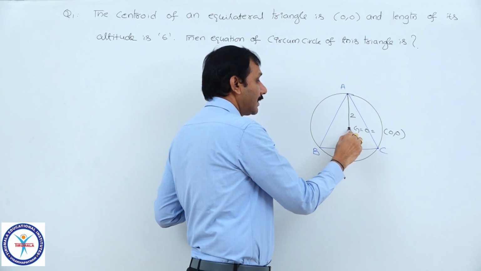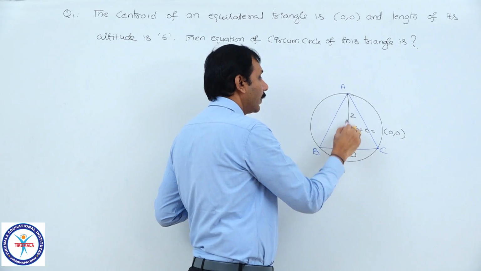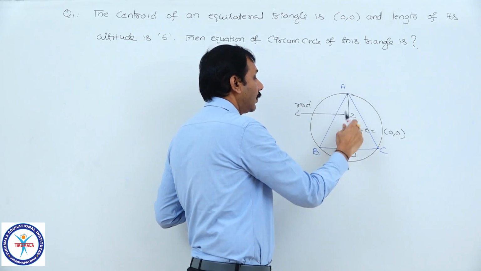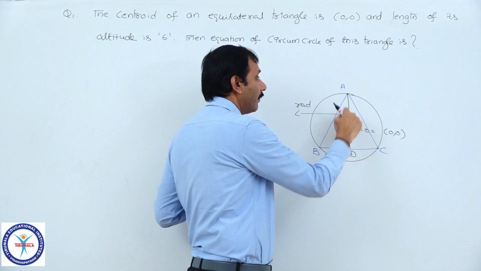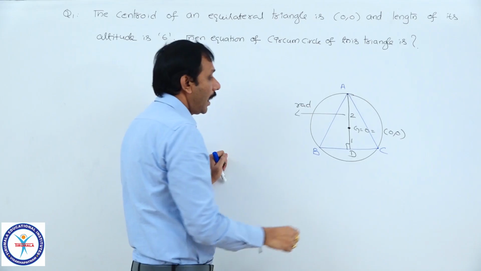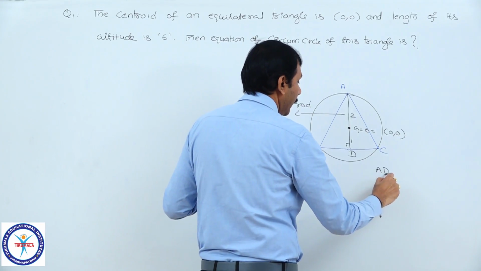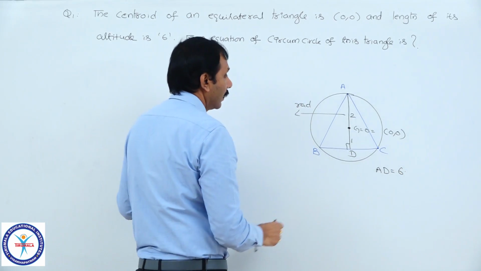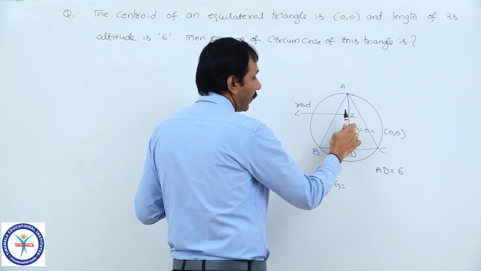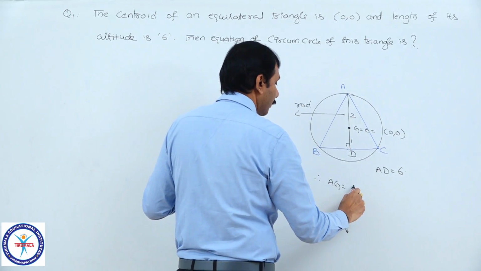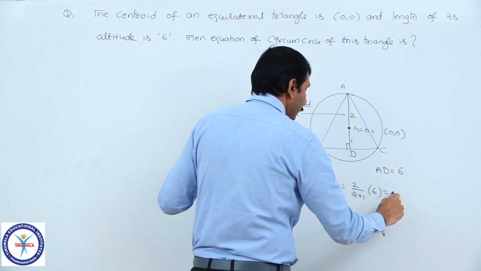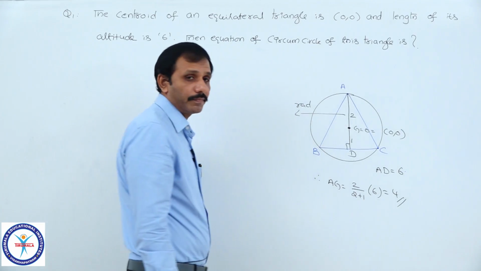And because it is the circumcenter, this OA is nothing but the radius of the circle. This G divides AD in the ratio 2:1, and total length AD is given as 6. Therefore, AG is equal to 2 by 2 plus 1 into 6, which is equal to 4.